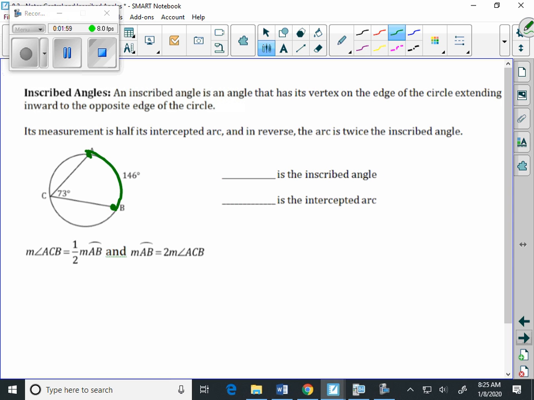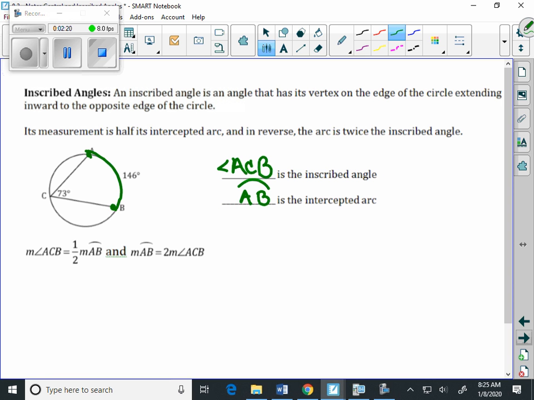Because arc AB is less than 180 degrees in this case, we name a minor arc with 2 points. Angle C, or angle ACB, is the inscribed angle.